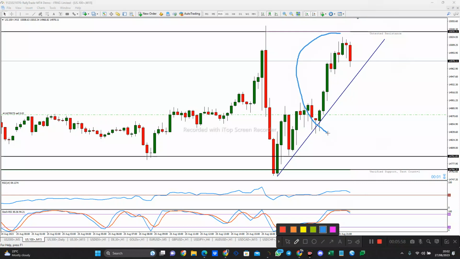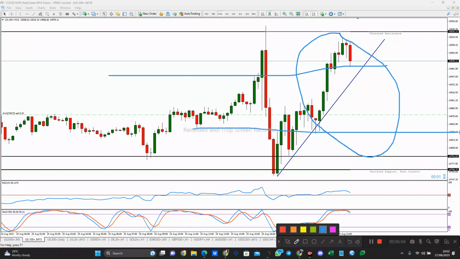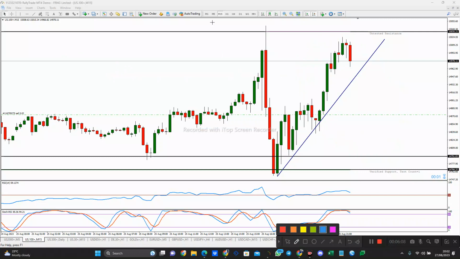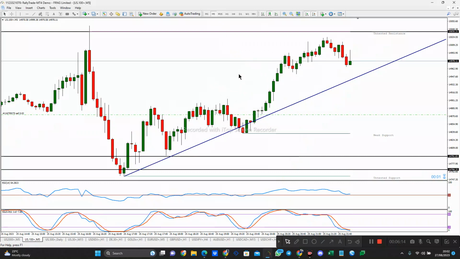I believe that if I go to 5 minutes, maybe I might see a support or resistance between this very large space here. Let me go to my 5 minutes. It's the weekend, so I might not really see. There's supposed to be, probably, a support somewhere around here.